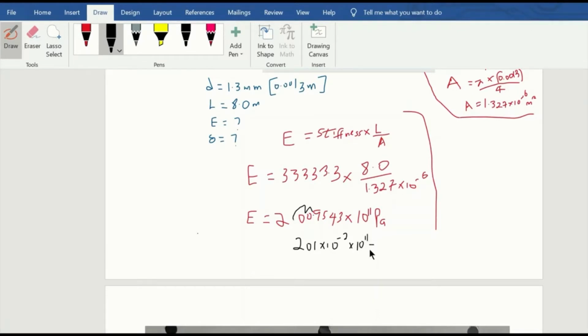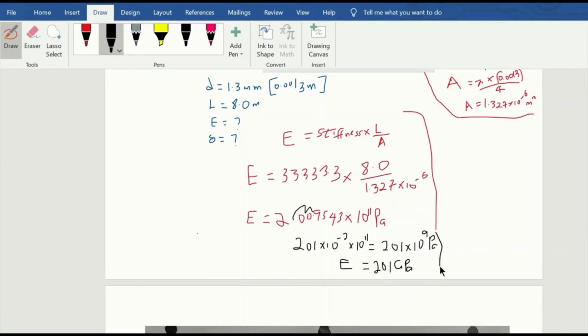So that gives us 201 times 10. Remember in maths, minus 2 plus 11 gives us 9. So therefore we can say that our modulus E is equal to 201 gigapascal. So that is our modulus.